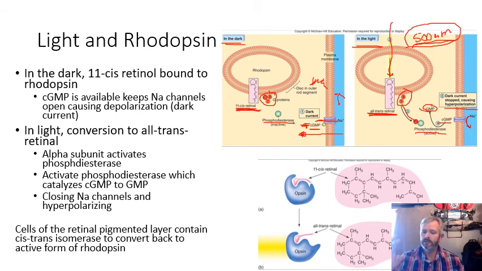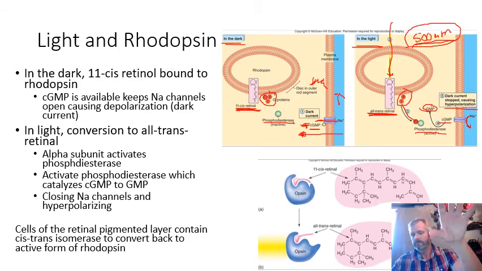Now I'm removing the inhibition on the pathway, and now the neural pathway can signal. Okay, so it's a little reverse. In dark, photoreceptors are releasing neurotransmitter. In light, they stop releasing the neurotransmitter, and then the rest of the neural pathway can signal.